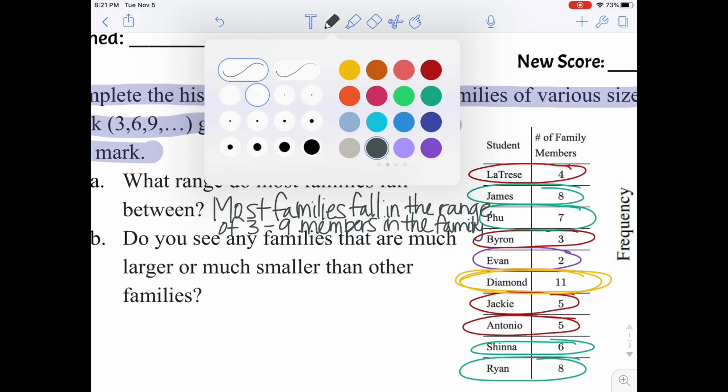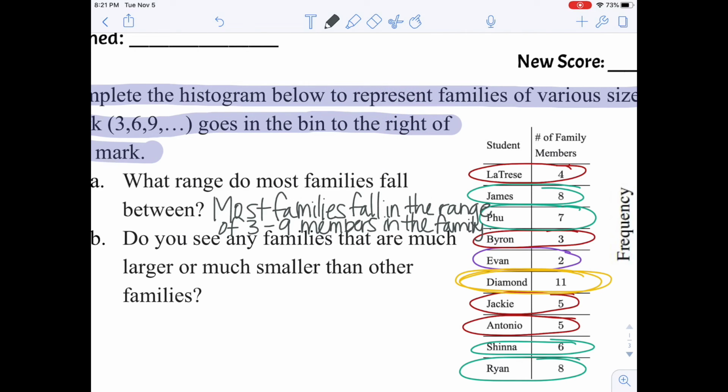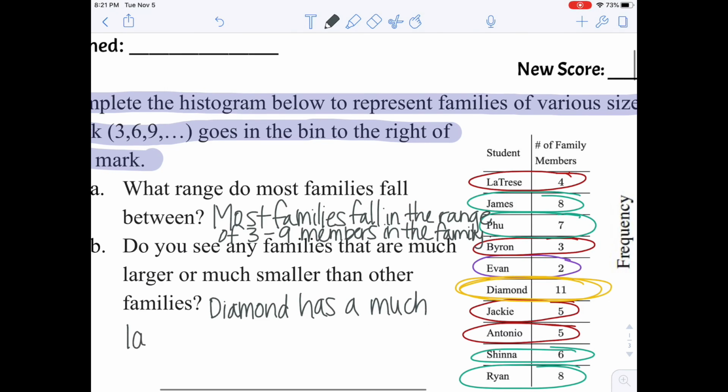So the family that is much larger would be Diamond. Diamond has a much larger family of 11.